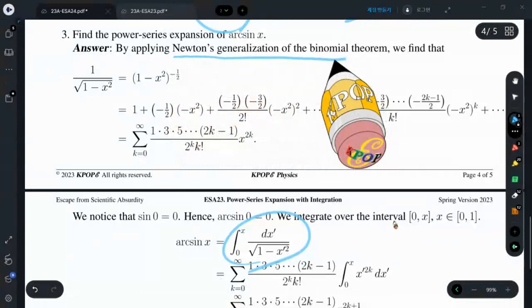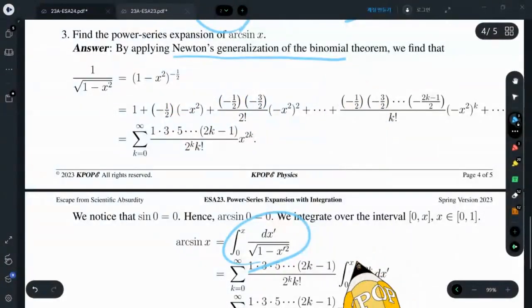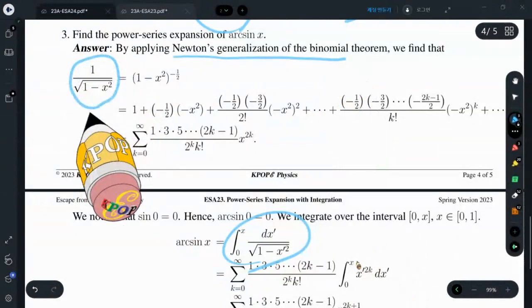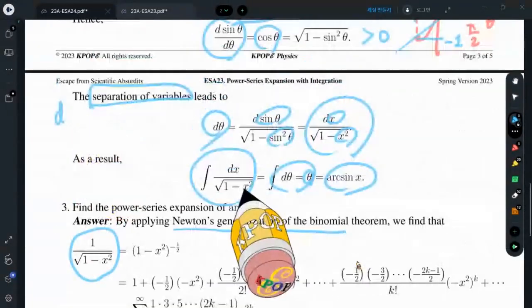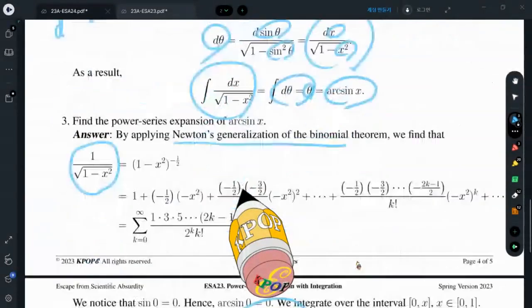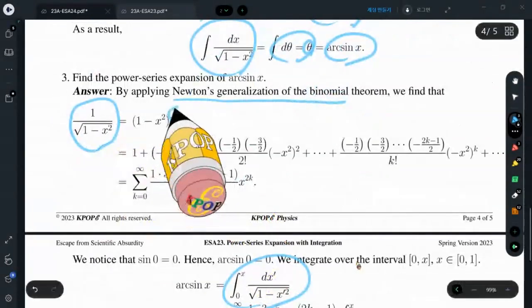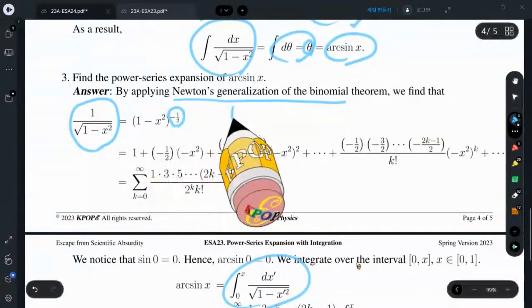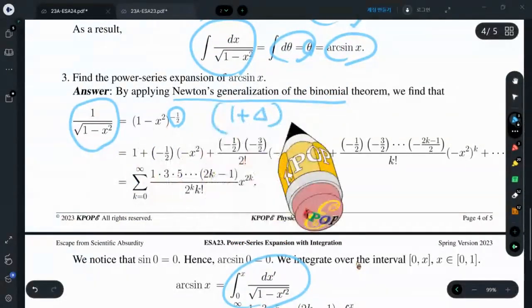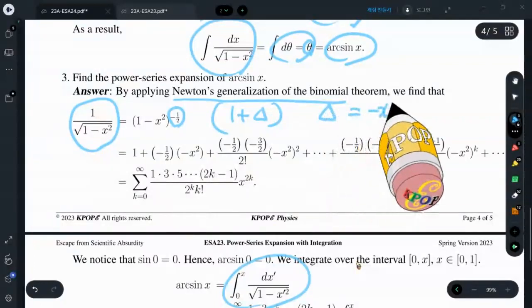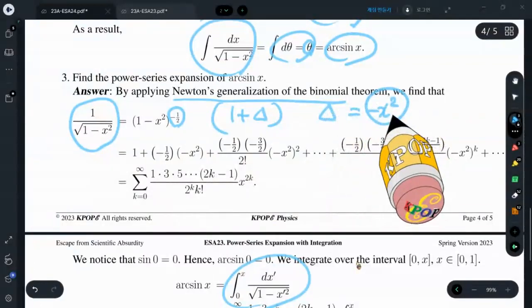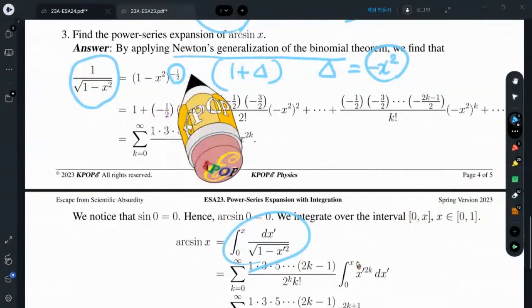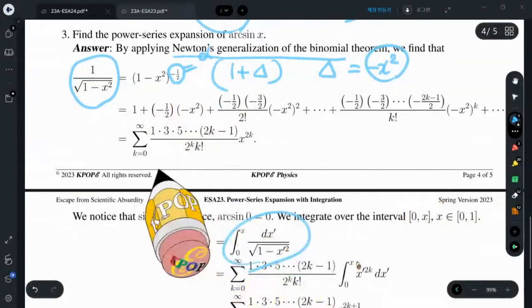By making use of Newton's generalization of the binomial theorem. So 1 over square root of 1 minus x squared, that is the integrand of this integral, has the power minus 1/2. And this is 1 plus something, and that something is minus x squared. And this is alpha.